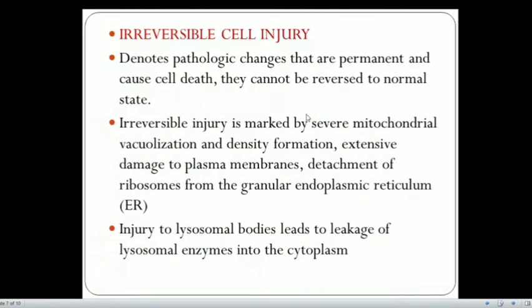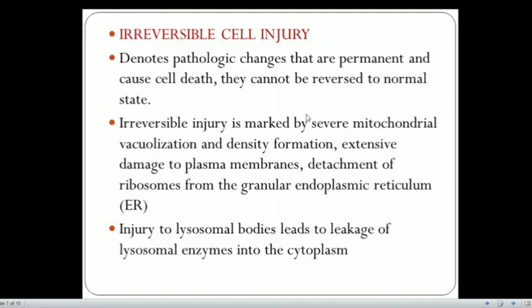Now coming to irreversible cell injury, it denotes pathologic changes that are permanent and cause cell death. They cannot be reversed to the normal state. For example, if the blood supply to the heart muscle is cut off for 10 to 15 minutes, the changes may still be reversible.